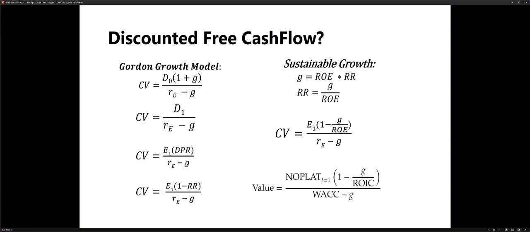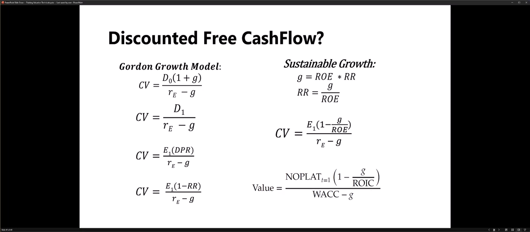Sorry, that includes your debt holders, your preferred holders, if there's any, and equity holders. We use the WACC minus G, and 1 minus G over ROIC, or return on invested capital. So that's how we calculate the terminal value.